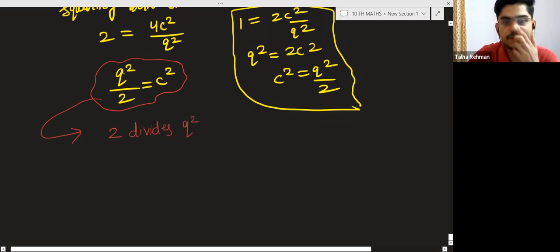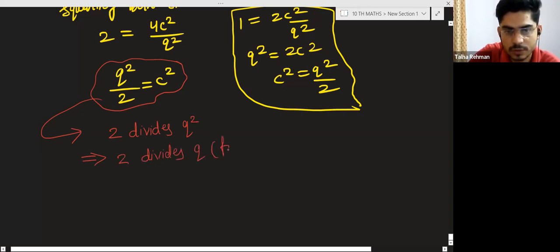And after dividing Q square by 2, we are getting some integer, means we are getting some result. So we can say 2 divides Q square, and it implies that if 2 divides Q square, then 2 divides Q also, from the theorem.